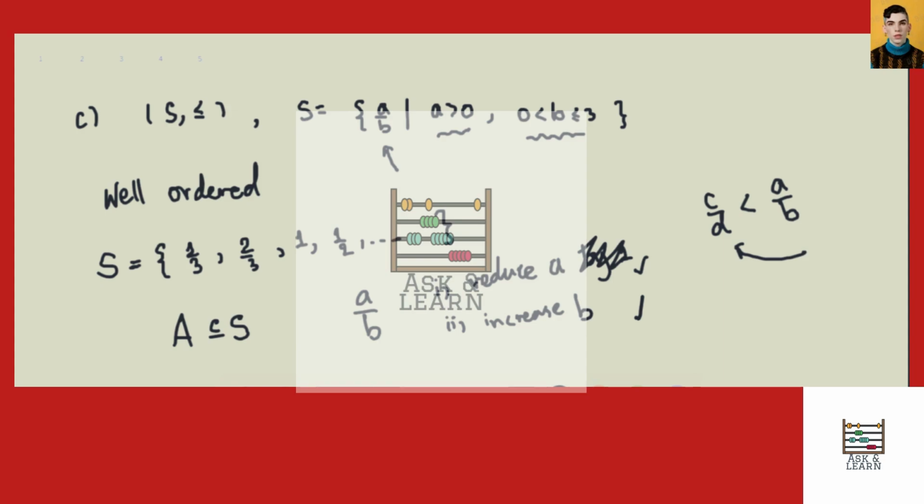The denominator can go up beyond 3, and the numerator can go down below 1. So it's going to start at 1 over 3. Like in the first case, if we keep doing this, eventually we hit 1 over 3 and it will break the argument. So we can prove this with contradiction, and it is well ordered.